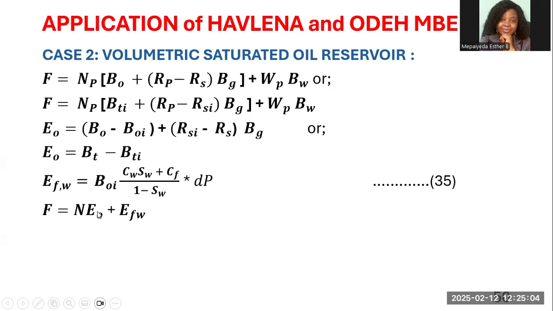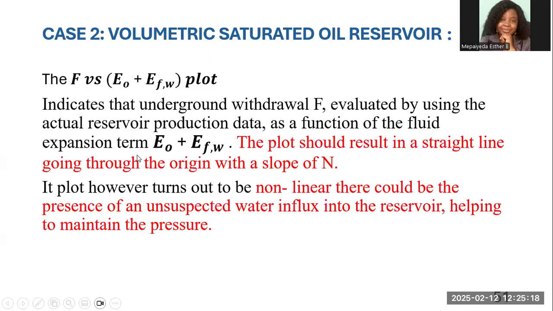So your F equals Eo plus Efw, this is the Efw, and this is the Eo. If it is two-phase, it can either be this or this, depending on the data you are given.